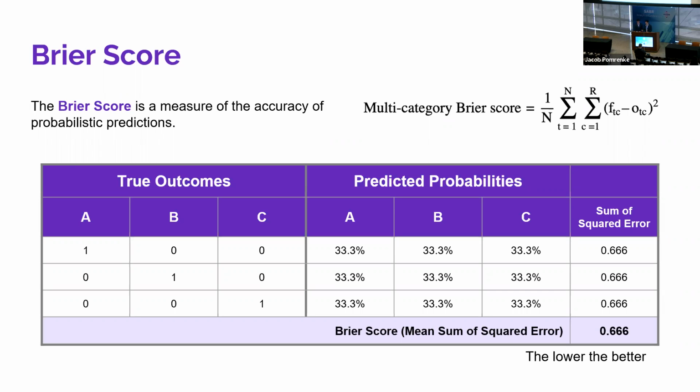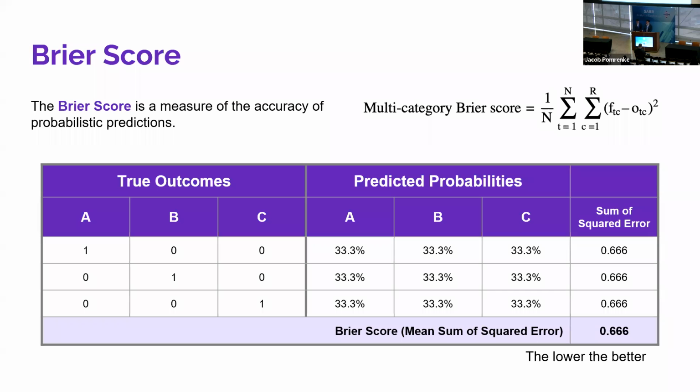And the table below represents how it works. So we have all the true outcomes on the left, 3 events, for example, and we have 3 observations. And on the right, we have the predicted probabilities. And then we calculate the sum of squared errors for each observation, and we get the average from that.